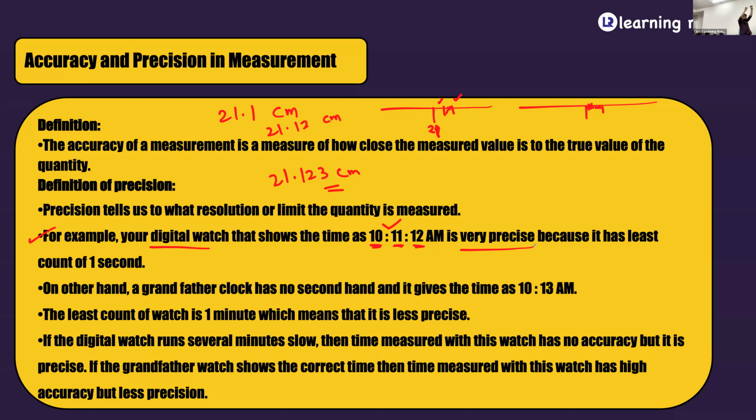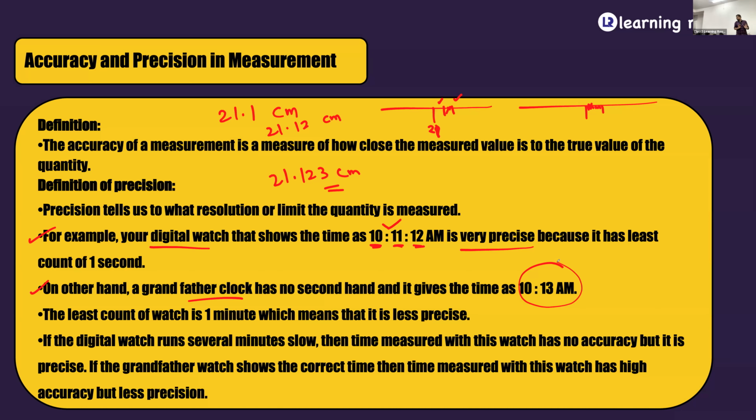On the other hand, if you look at the normal clock, the grandfather clock, there used to be no seconds. It will only show you the hours and the minutes. So if the time is reported like this, it is comparatively less precise.